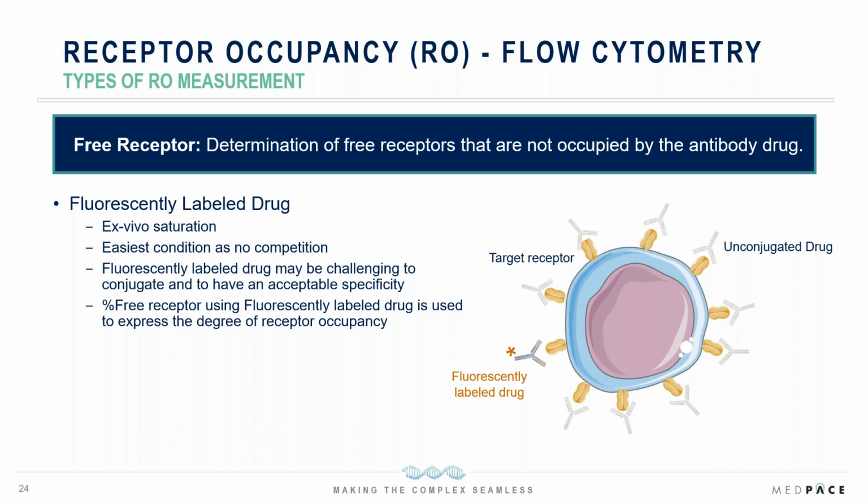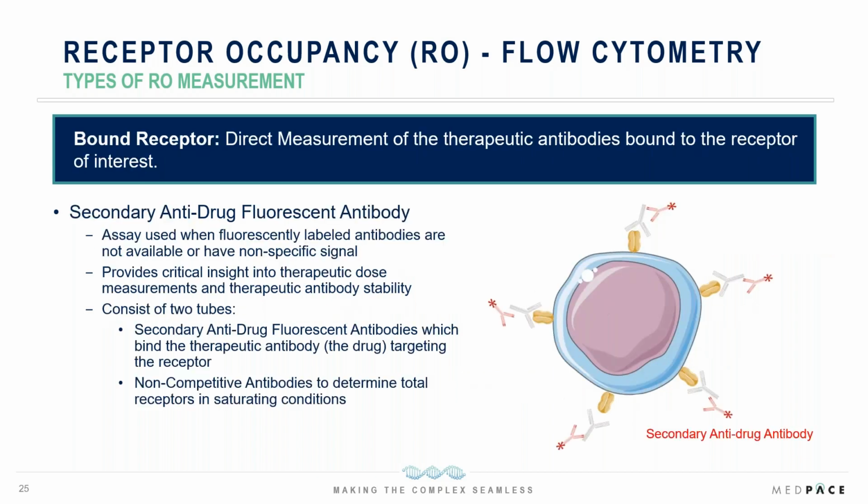So this was for the percentage of free receptor. If we go to the next slide, I will explain the second type of measurement that we can do, the percentage of bound receptor. This assay is used to measure the percentage of receptors bound by the antibody drug. This approach is used when antibodies to the receptor are not readily available, or for example, if you don't have a really good specific signal. How does it work?